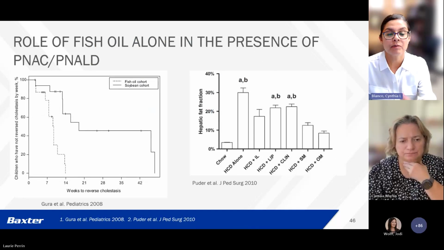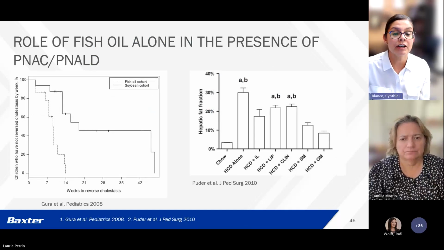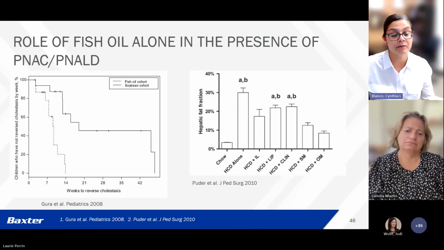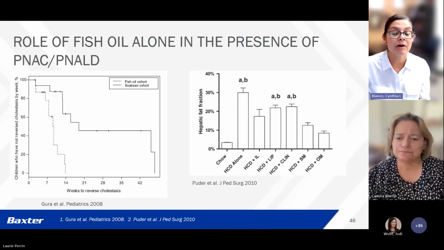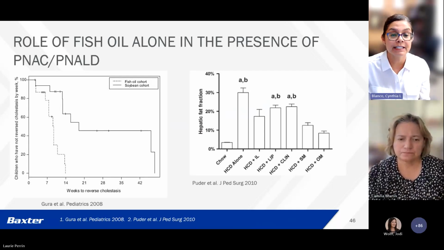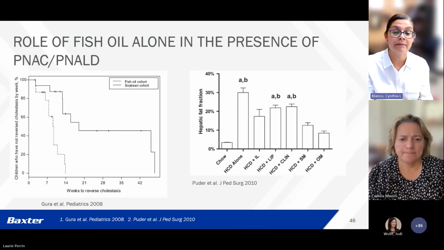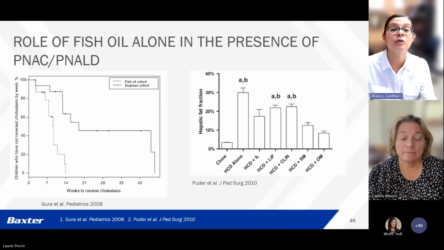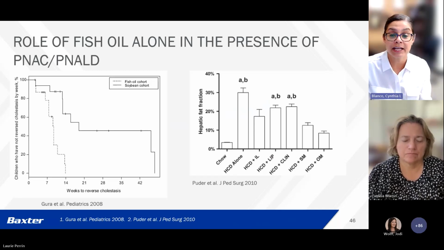So this is what we all have seen, these early reports and many different reports after that of reversing cholestasis, again, over a shorter period of time. But again, I still have concerns: does that reverse the liver fibrosis that we don't see, and we don't have very good markers in neonates.